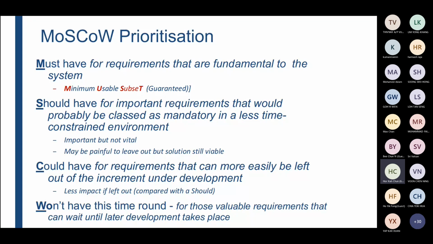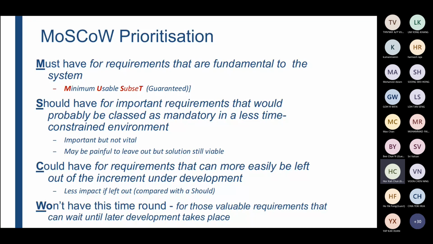That is number one. Number two, should have. The S, in MoSCoW, should have, for important requirements that would probably be classed as mandatory in a less time-constrained environment. It is an important task, but not vital.